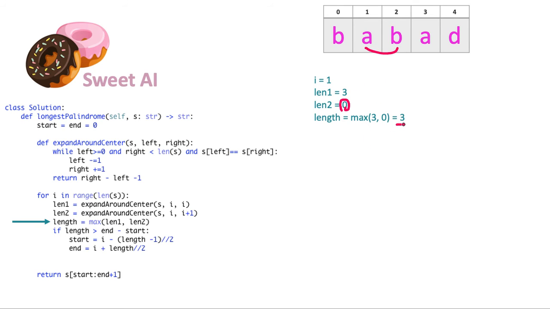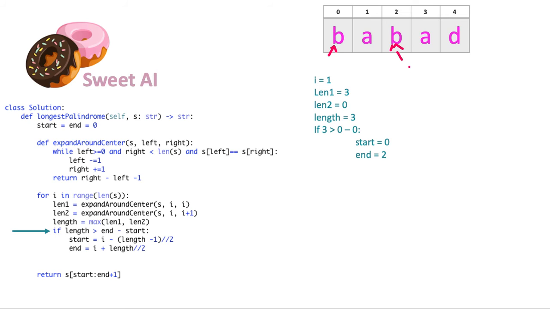And we get the max, so it's going to be 3. So far this is the longest palindromic substring. And then we check the length. If the length that we have, which is 3, is bigger than the 0 that we had before, we are going to update these two. So start is going to be 0 and end is going to be index 2.